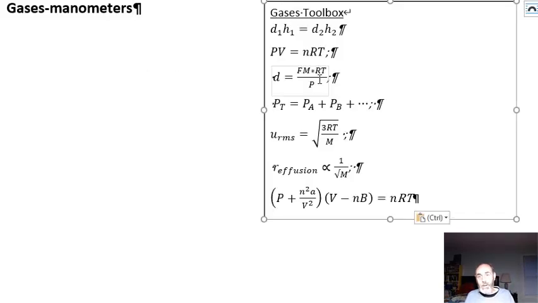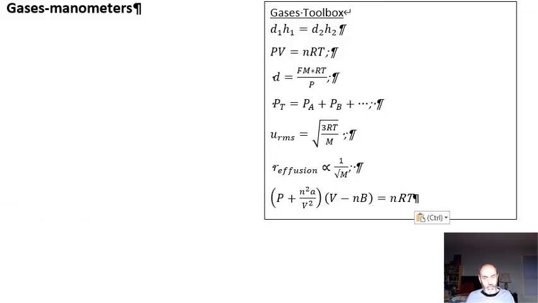And finally, we have the van der Waals equation, which we would use for gases that don't behave in an ideal manner. I put those into a toolbox that I'm going to put in here. So this is our list of mathematical relationships that we would use to solve individual types of problems.